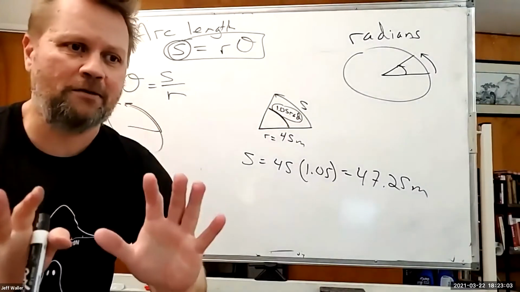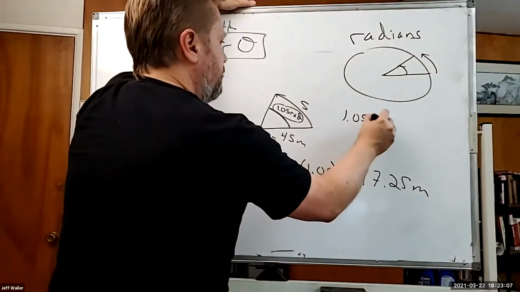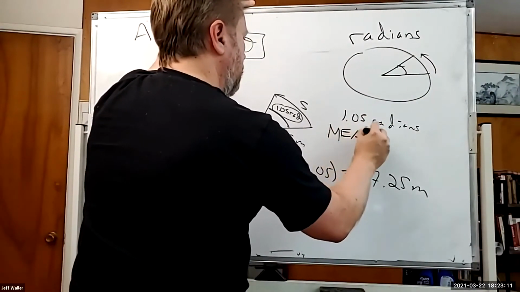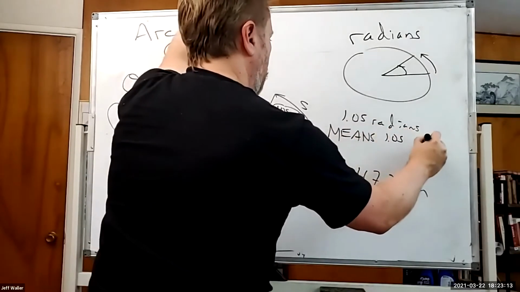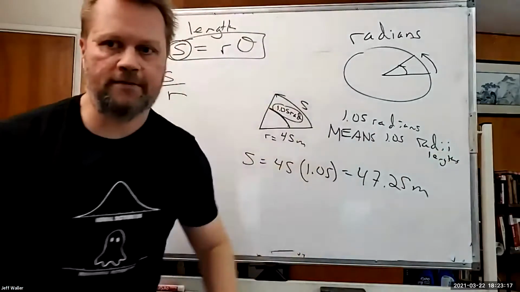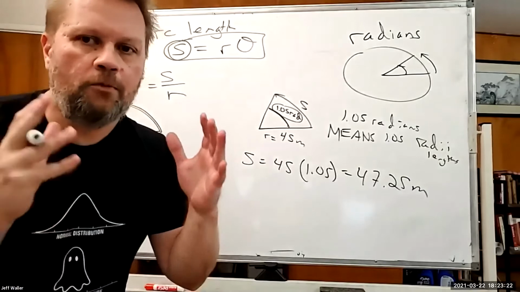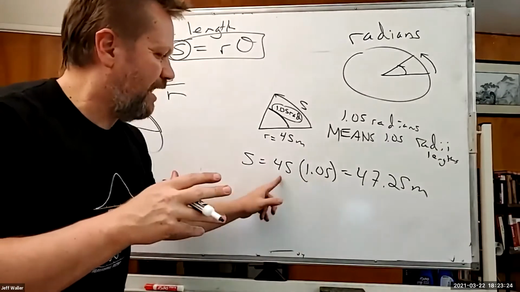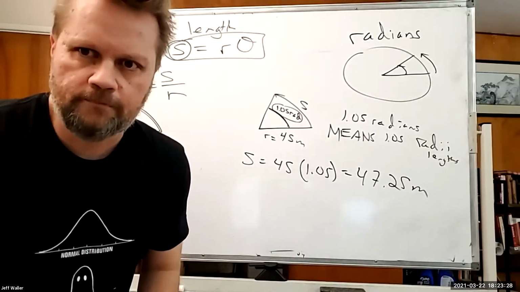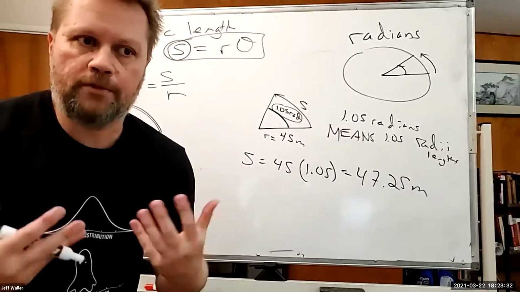Stay with me, guys. 1.05 radians means 1.05 radii lengths. That is what it means. So how long is that? Wouldn't that just be 1.05 times 45? Because each radius is 45 meters. That's actually another way to look at where the formula comes from.